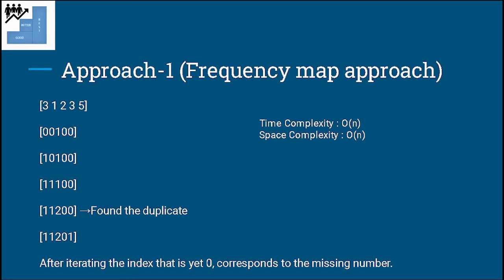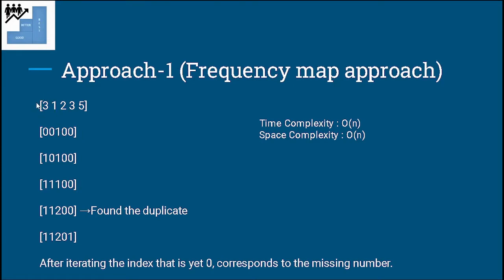The first approach, which is quite simple, is the frequency map approach. Here, as we have already seen in the previous questions, we set the corresponding index to 1 or increment it by 1 based on the elements found in the array.